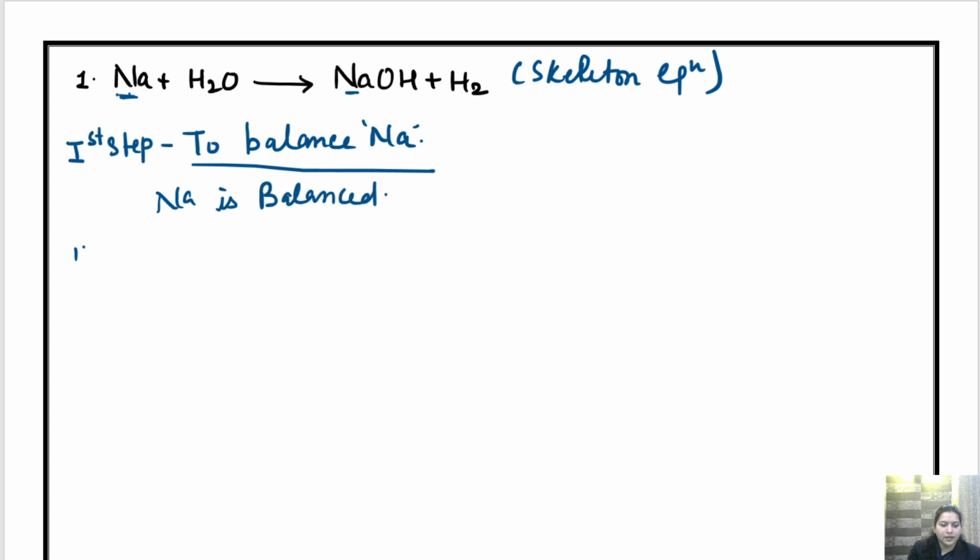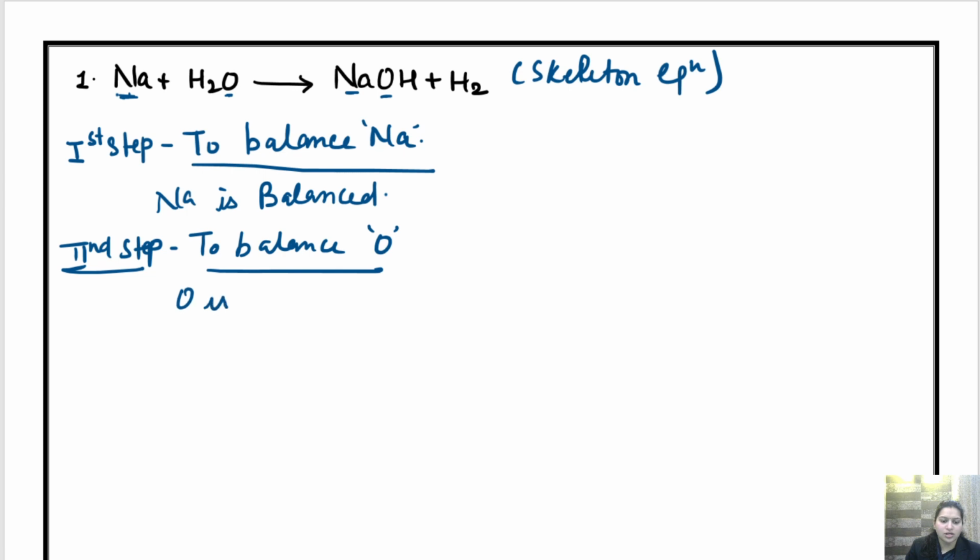Okay, now second step, let's take another element. Next element is हाइड्रोजन और ऑक्सीजन में से कौन सा कम है? ऑक्सीजन इज लेस देन हाइड्रोजन. ओके, सो लेट्स सी ऑक्सीजन. ऑक्सीजन यहाँ एक है, and here also we have only one oxygen. Okay, so oxygen, which is next, is also balanced.